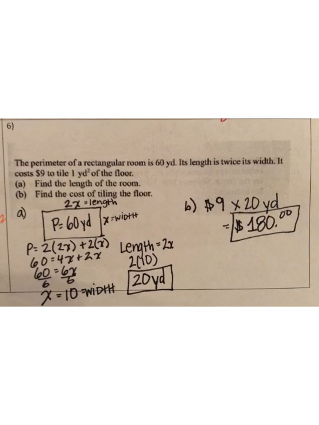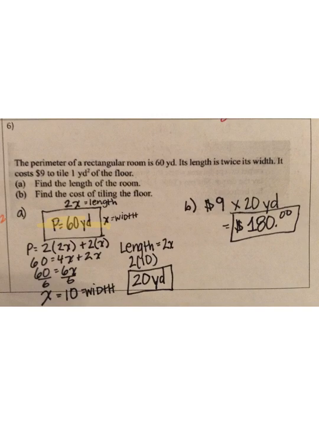Okay, so over here where I have A, here's my picture. Perimeter is 60 yards, and it says that its length is twice its width. So I used x for my width, and twice the length would be 2 times x. So formula for perimeter of a rectangle is 2 times the length plus 2 times the width.